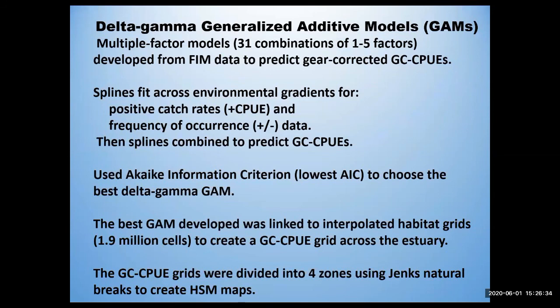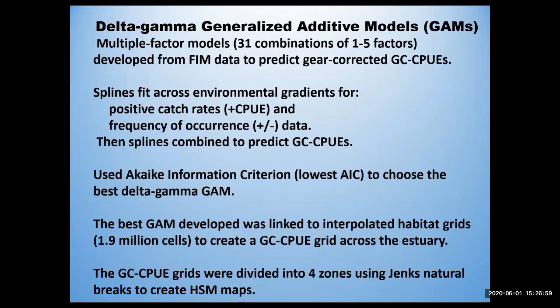So what I'm calling habitat suitability modeling is actually what we've done is use delta gamma generalized additive models, so delta GAMs if you like. The program we're using, running in R, developed out of 5 factors, 31 combinations of 1 to 5 factors.